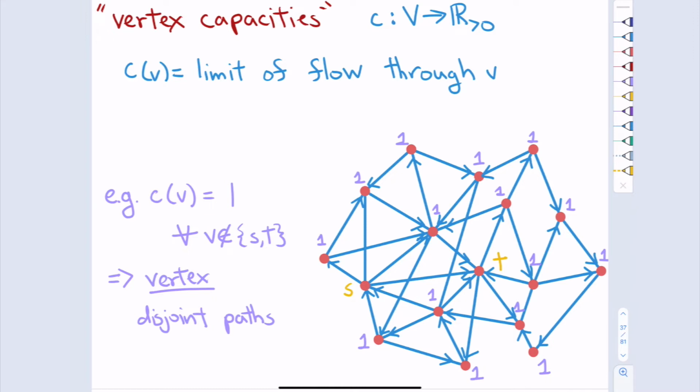So when you're making some kind of communication network, the edge capacities typically reflect how many messages can go through some kind of cable or something. But the vertices represent switches or routers in a network, and the routers themselves often have a capacity constraint of how many messages they can process per minute, per second, stuff like that. Okay, so a lot of real-world networks will have both edge capacities and vertex capacities.